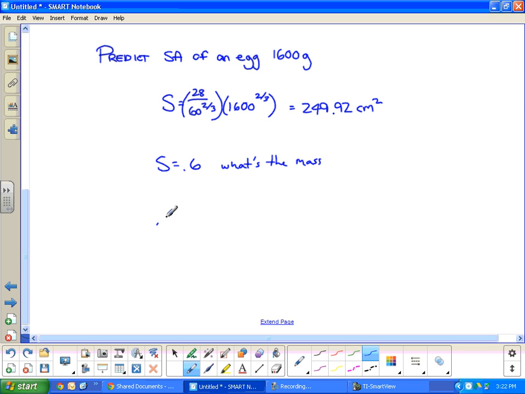So what that tells me is that 0.6 has to equal our 28 over 60 to the 2/3, or our Y in our calculator. That's why we like to store it as Y, times m to the 2/3. So I have to get m by itself. So I'm going to divide by the constant over here, which is 0.6 divided by 28 over 60 to the 2/3. And that's going to equal my m to the 2/3.